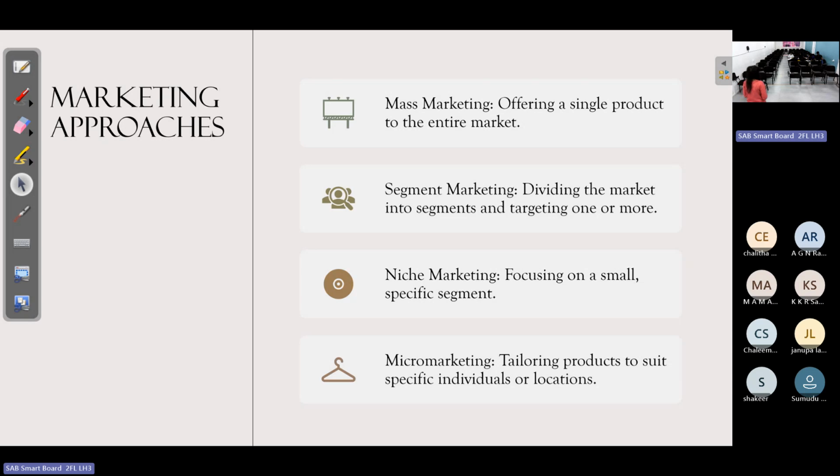Customization of products based on individual preferences. Examples you can write: clothes.